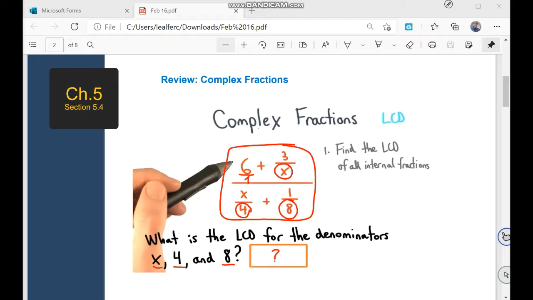What is the value of the least common denominator if you have the denominators x, 4, and 8? Send me your message. You can type in the chat. If you don't know, you can say, I don't know. If you don't remember about yesterday, you can say, I don't remember very well about yesterday. Or you can just say, IDK.